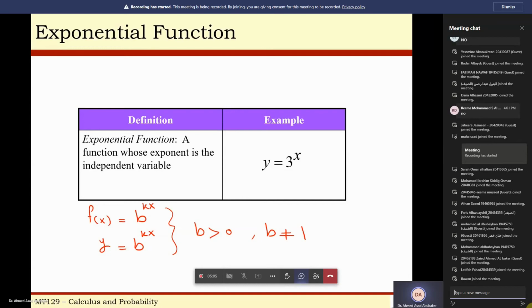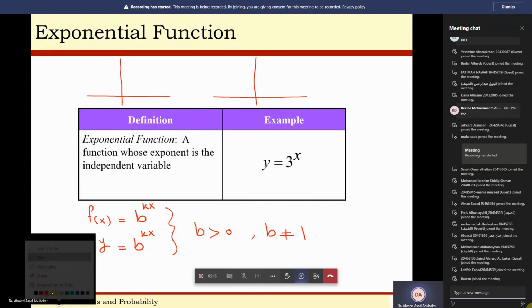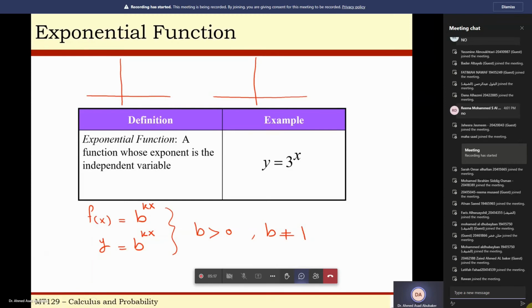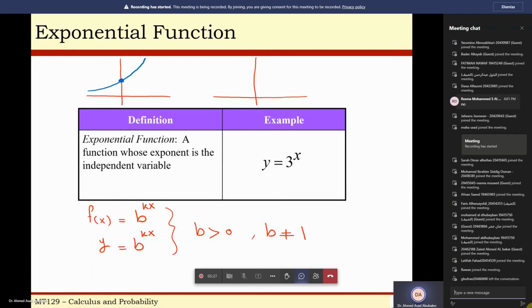the exponential function in general, we have two ways to draw or sketch it. One is increasing from x equals minus infinity to infinity, and we have a y-intercept at (0, 1).